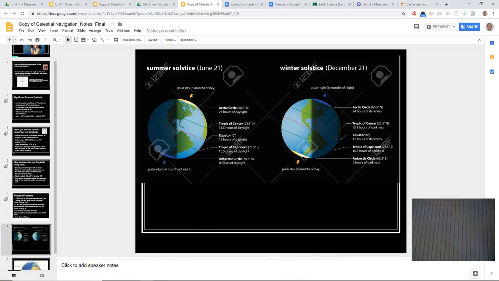Okay, so the first problem says, if it is noon at the prime meridian and 4 p.m. where you are, what is your longitude? First of all, remember that every 15 degrees is a difference of 1 hour. So 15 degrees times 4 hours.